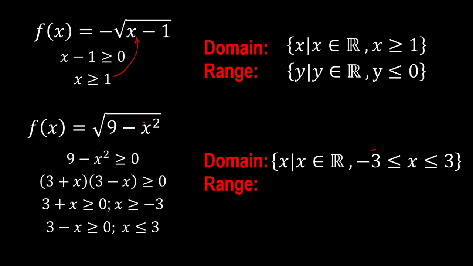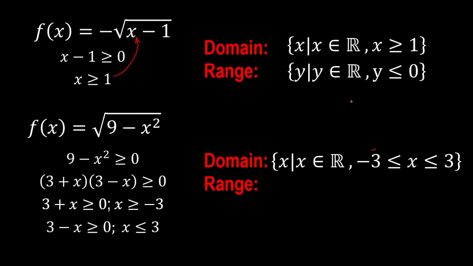So 9 minus 9 is 0, and the square root gives 0. And for 3, 3 squared is 9, so 9 minus 9 is 0.